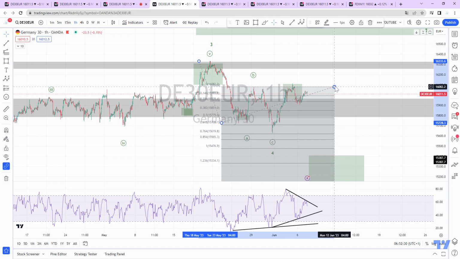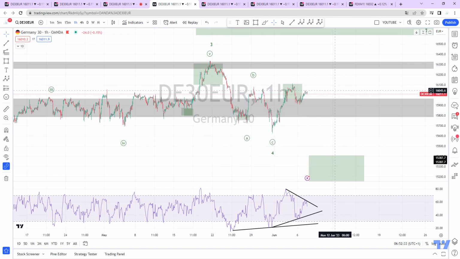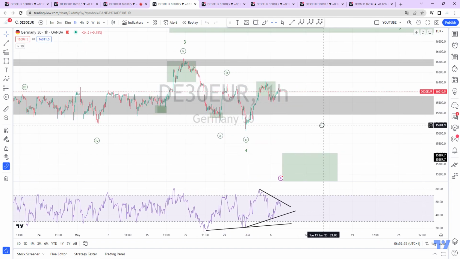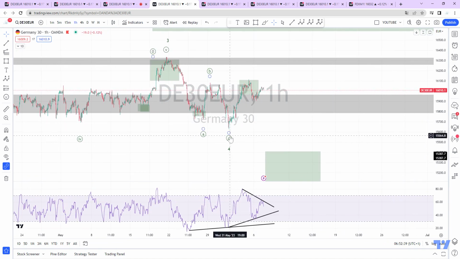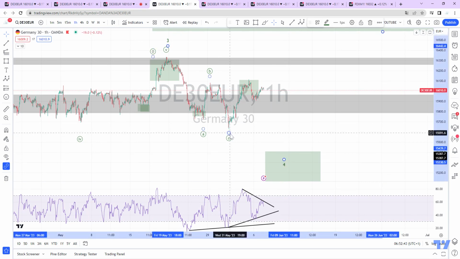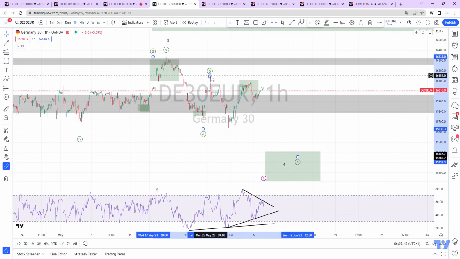However, this opportunity can come later in the case that our wave 4 was not in yet. Then it could be like this actually, so that this is our B. Like this here was first our A, 1, 2, 3, 4, 5.